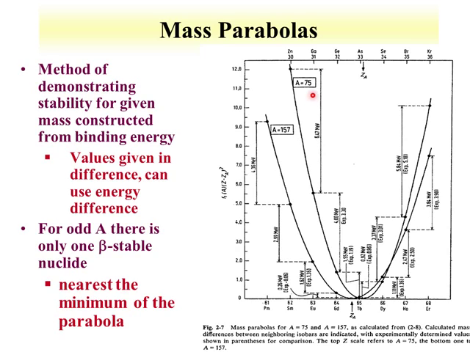The Z's for the 75 are listed here. The Z's for the 157 are listed here. These are odd A, and what we see for the odd A's is that there tends to be only one beta-stable isotope, and this is nearest the minimum of the parabola.